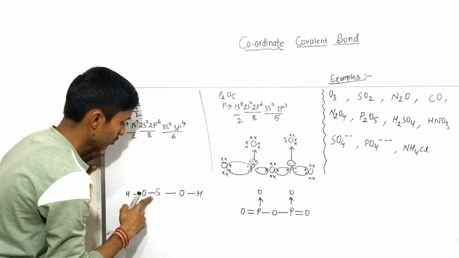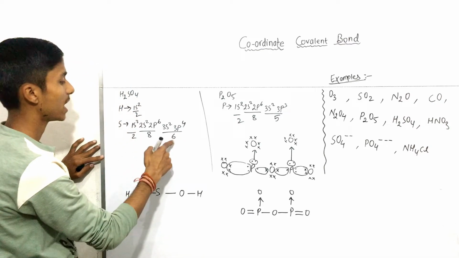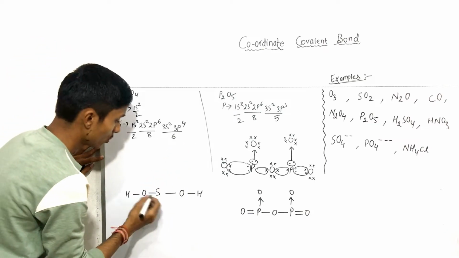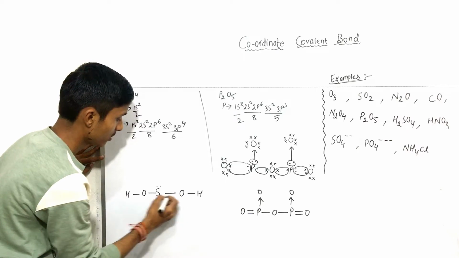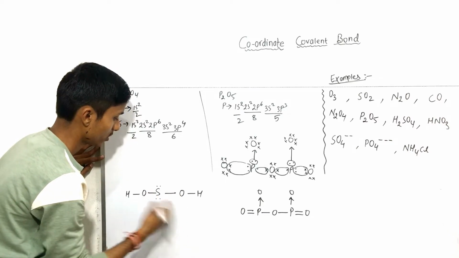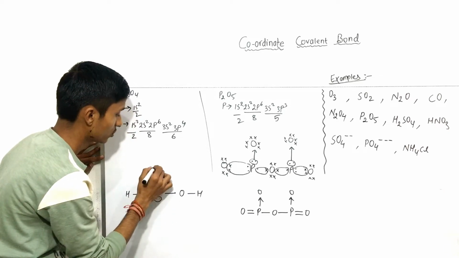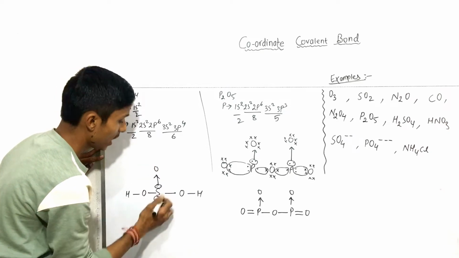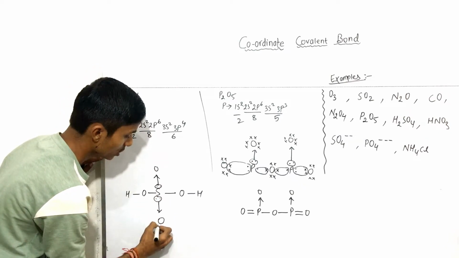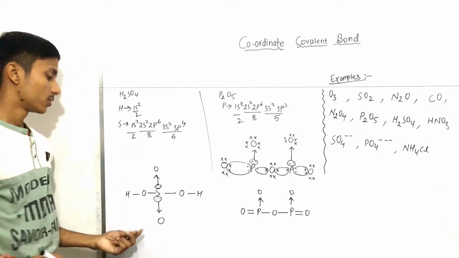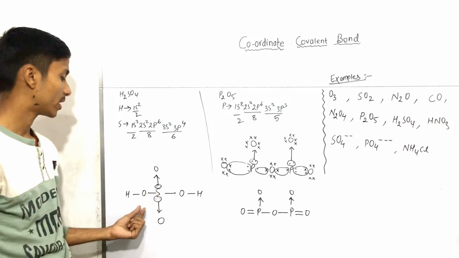And for sulfur you can see, as sulfur has 6 valence electrons, 1, 2, 3, 4, 5, 6, 7, 8, octet state completed for this sulfur. So this can donate one pair of electron to one more oxygen atom, and similarly this electron is also donated to this oxygen atom.